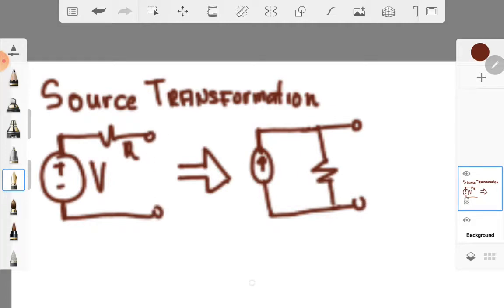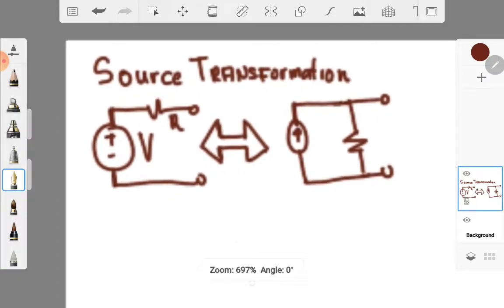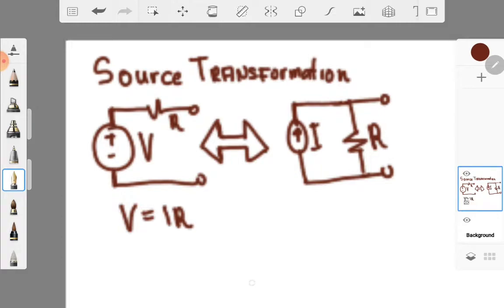So this is the basic terminology for source transformation, or vice versa. But how will you do this? By Ohm's law, V is equal to IR, wherein this I and your R will not change, wherein your I is basically equal to V over R.